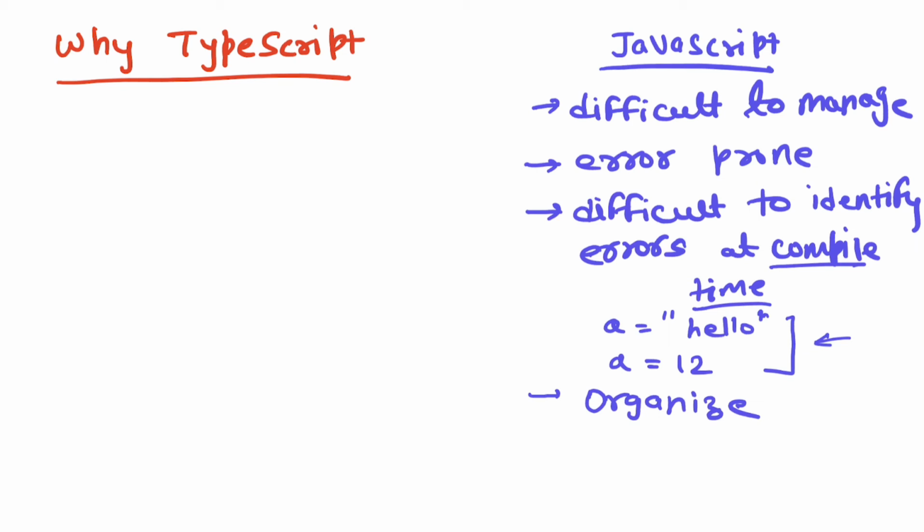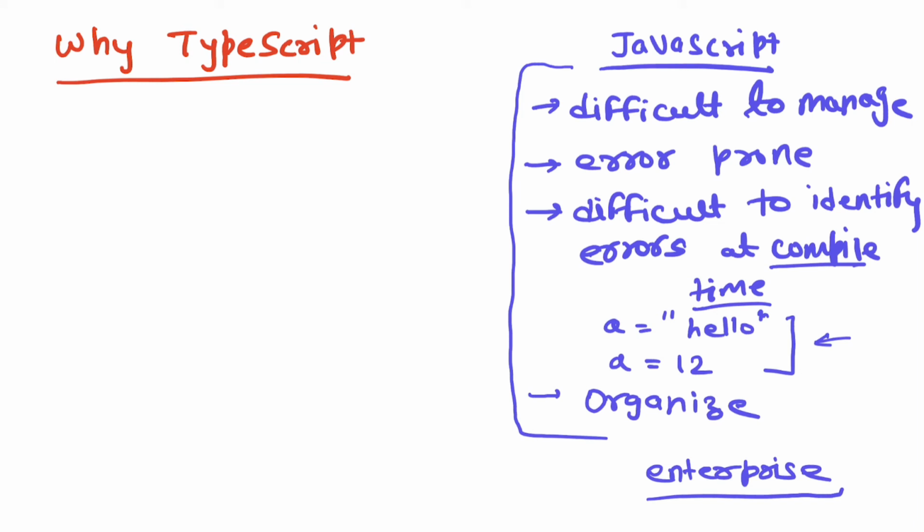It's very difficult to organize your JavaScript code. So all of these things lead to a bigger problem with web frameworks when you are writing applications at an enterprise level. Over time you will start getting a bad experience when you write your web frameworks at scale.